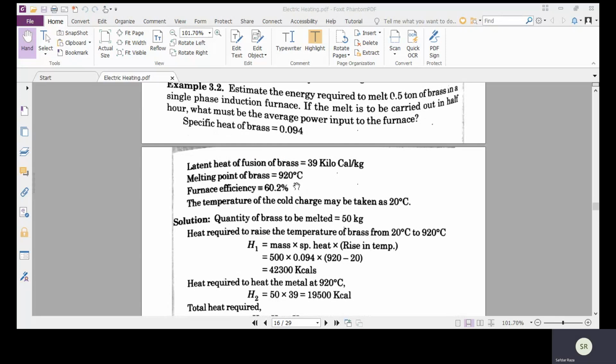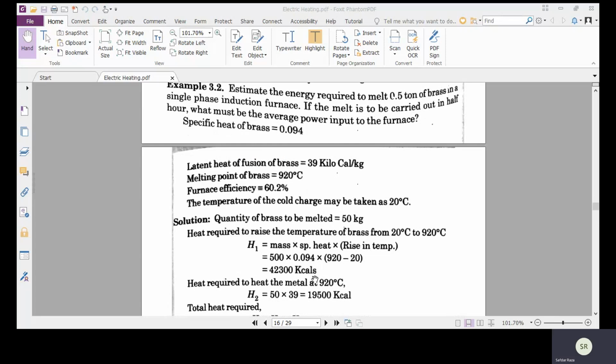So how much is the rise? 920 minus 20, so 900 degrees Celsius temperature rise. We put the values. Mass of the brass is 500 kg, specific heat is 0.094, and the rise in temperature is 920 minus 20, which is equal to 42300 kcal.